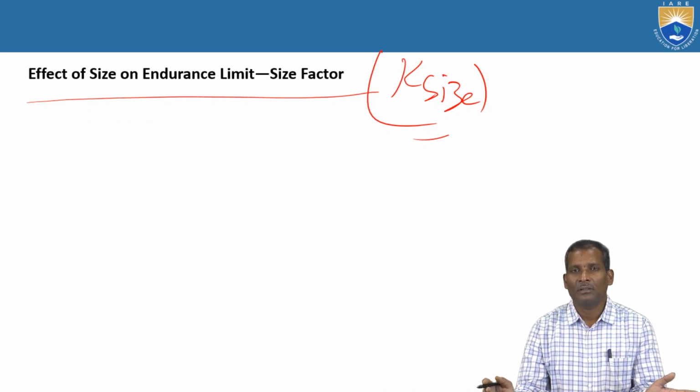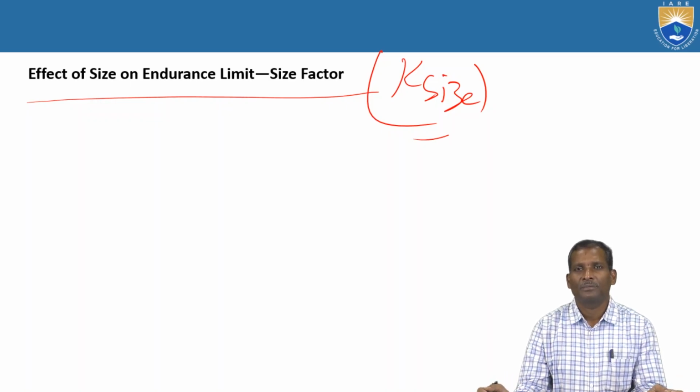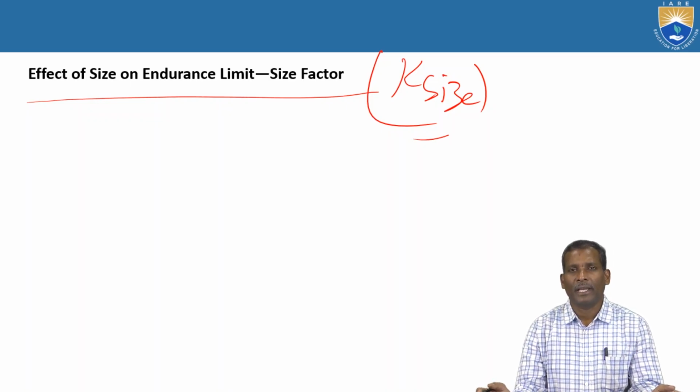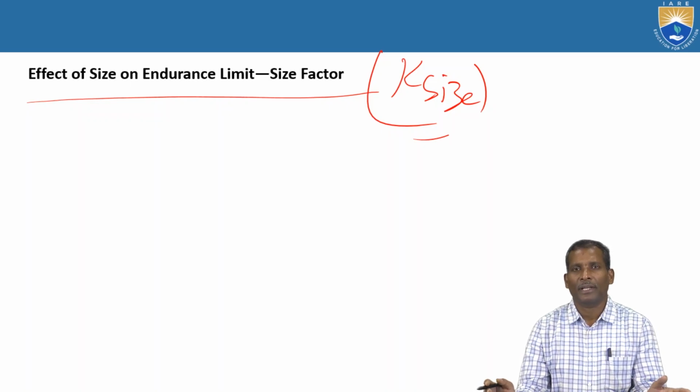Larger specimens always have more defects, so the endurance limit value will decrease. If the component is a standard specimen with standard dimensions, you will get a good endurance limit. If dimensions vary, the endurance limit also differs. So you should take the size factor into account while solving problems.